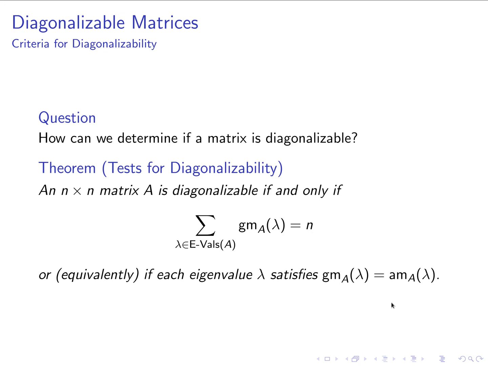We can either find all of the eigenvalues, sum all of the geometric multiplicities, and check that that sum equals the size of the matrix, or we can find all of the eigenvalues and check that each geometric multiplicity matches the algebraic multiplicity. Which test we choose to use depends on the context. If we happen to know the algebraic multiplicities, maybe we'll use the second version of the test. But if we don't have the algebraic multiplicities, maybe the first version of this test is simpler.